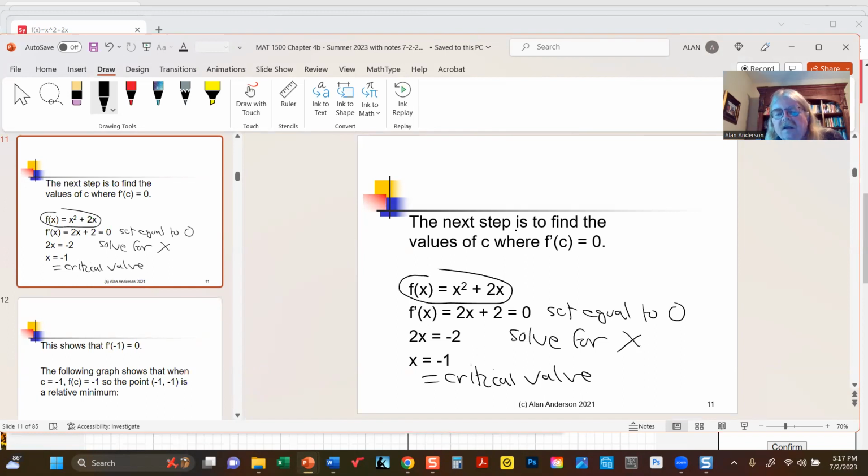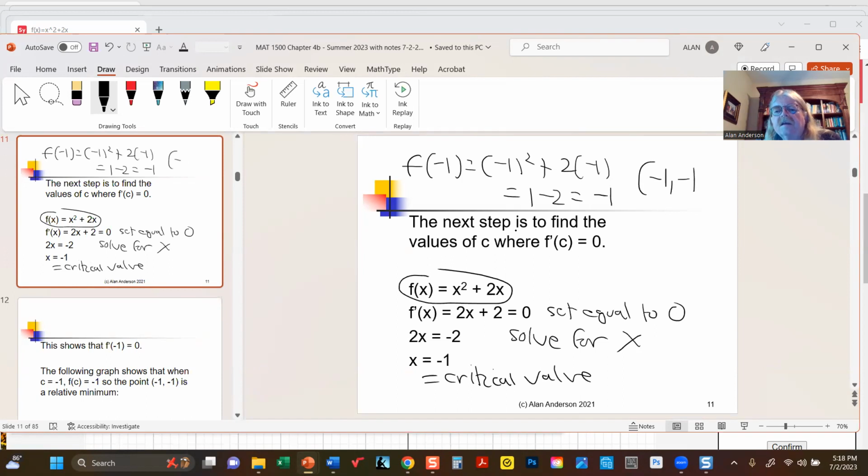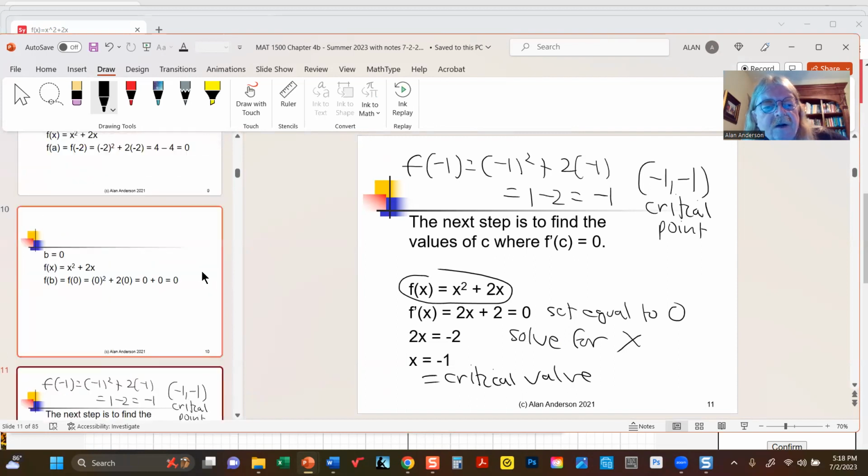And then we'd like to find the entire point. So what we'll do is find f of -1. The critical value is -1, and this is the critical point. We showed that on the graph.